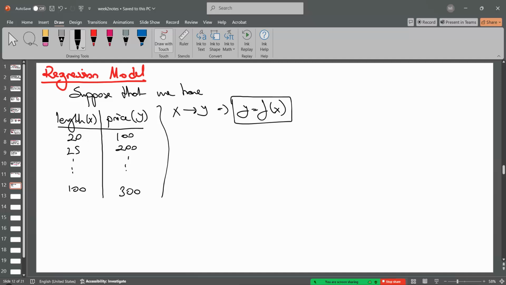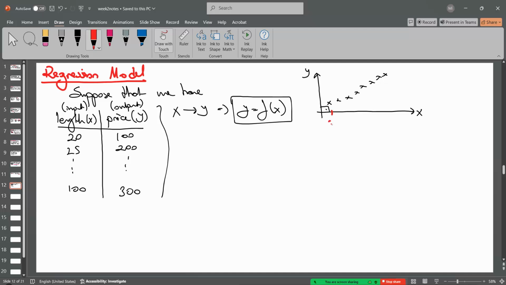Okay, and so in order to turn this length and price value, which is the input, which is the output, we can draw this kind of graph, x and y, right? And also we can write this value, maybe gives us this kind of representation.